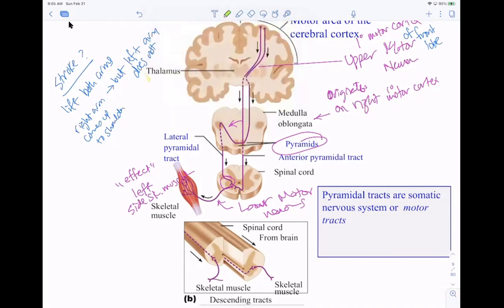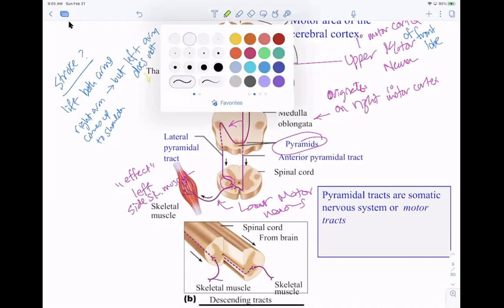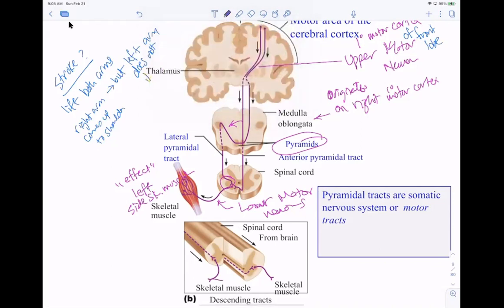So that's not a very good color. So that's basically saying stroke was in left, oh, sorry, I'm not paying attention, was in right frontal lobe, so right hemisphere.